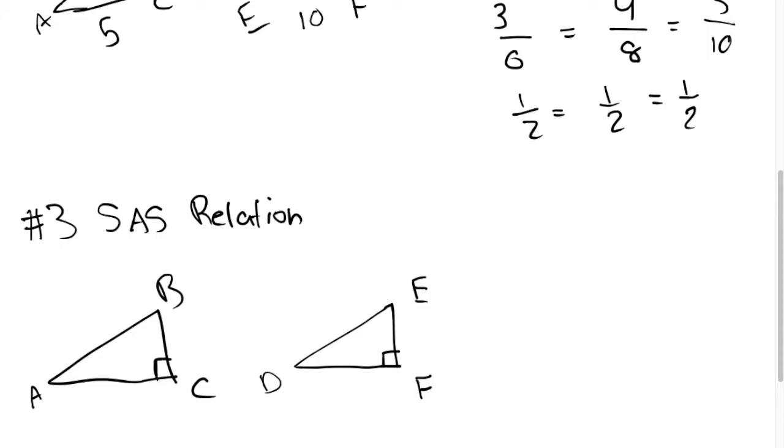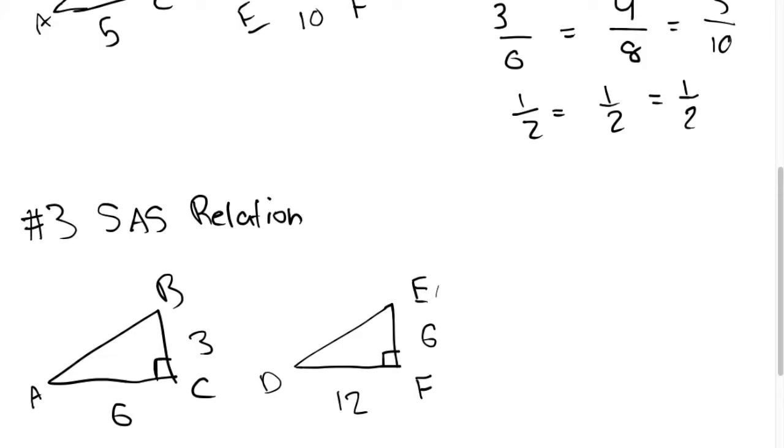I only knew side BC was 6, and side AC was 6. And I knew that side EF was 6 also, and side DF was 12. If two triangles like this were given, you could use the side-angle-side relationship to see if both of these triangles are similar.